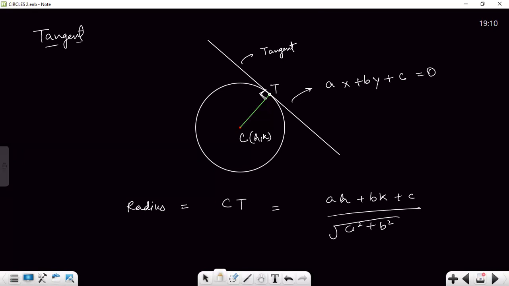I'm not asking you to cram it, but it will be safe for you to understand it, so that we can further discuss its applications. My gist is that the distance between the center, which is a point, and this line can be found by this method as well, and this distance is going to become the radius of our circle. Is this clear?